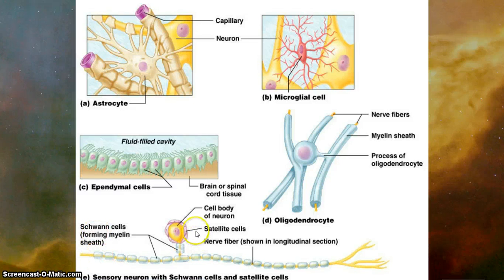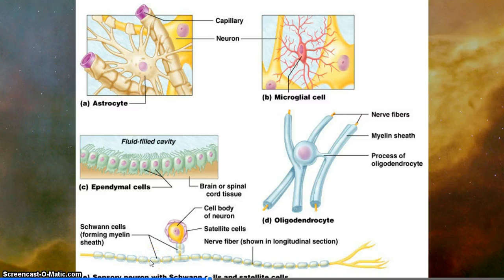So there's a cell body right here with satellite cells surrounding the cell body. And then after that, right here, we have myelin cells. I forgot to mention earlier when we were talking about the anatomy of a neuron that there are little spaces between these myelin sheaths, and these are called nodes of Ranvier. Some people say Ralphier, depends on what you want to make it sound like, but I think Ralphier sounds cooler.